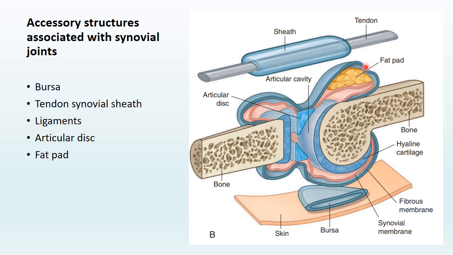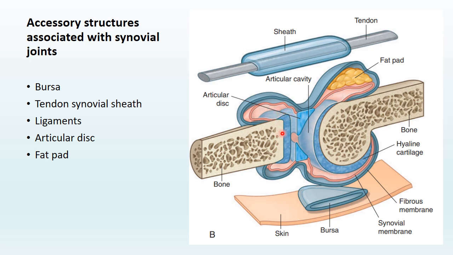The last structure is called fat pad or articular fat pad. These pads of fat are present within the joint capsule, of course, between the outer fibrous membrane and the inner synovial membrane. And they are present to accommodate the moving parts of the articulating surfaces of the bones.